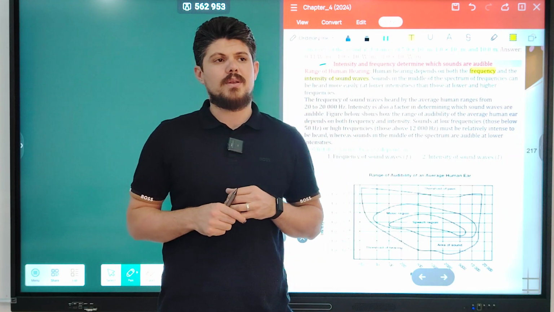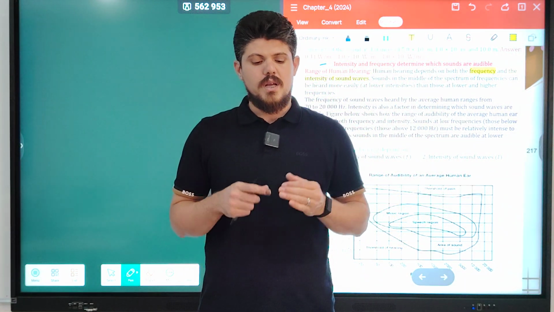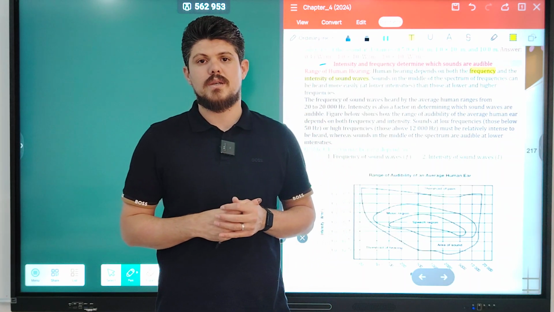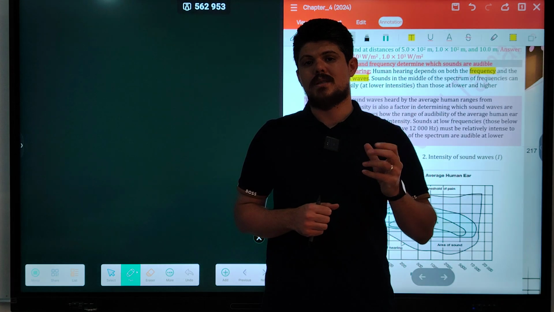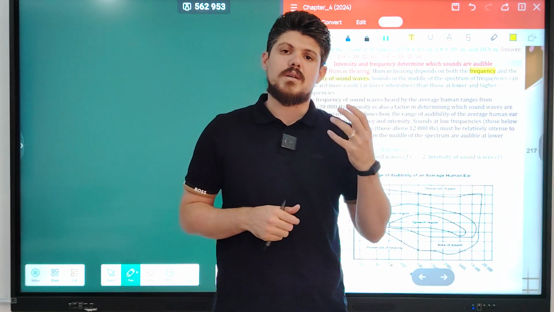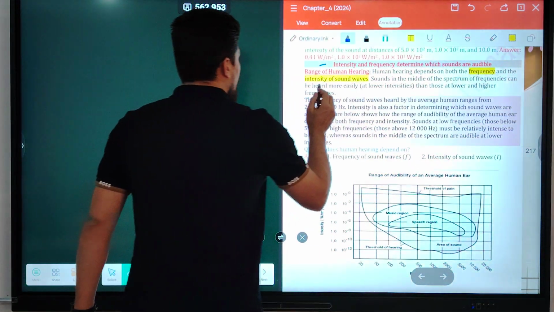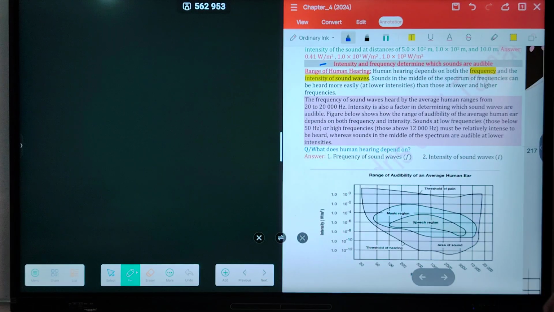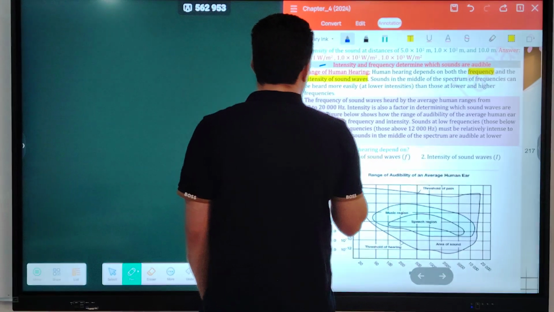For example, if they ask in the exam which of the following determines which sounds are audible: frequency, intensity, or both of them, the correct answer is both. Not only frequency determines which sound is audible, but intensity is also a factor. The range of human hearing depends on both the frequency and the intensity of the sound wave.